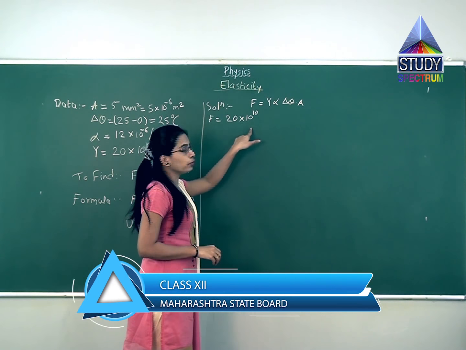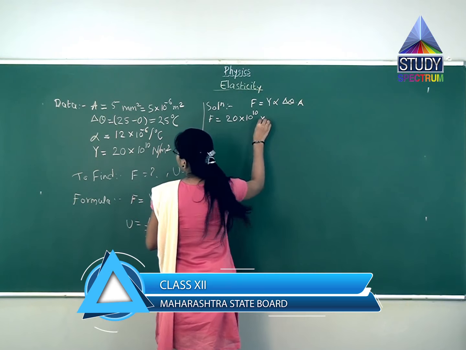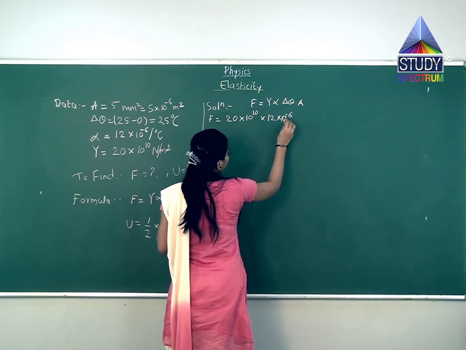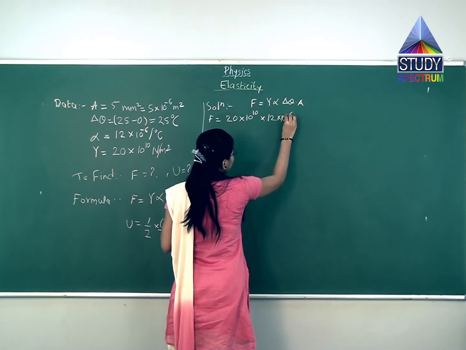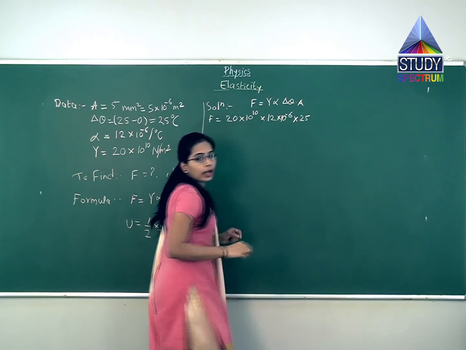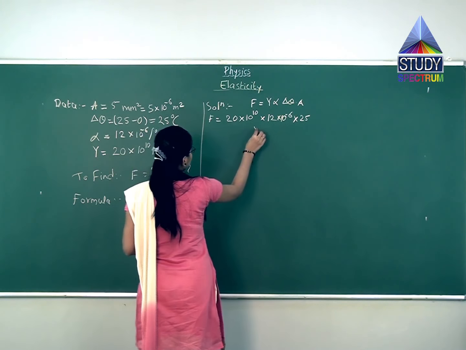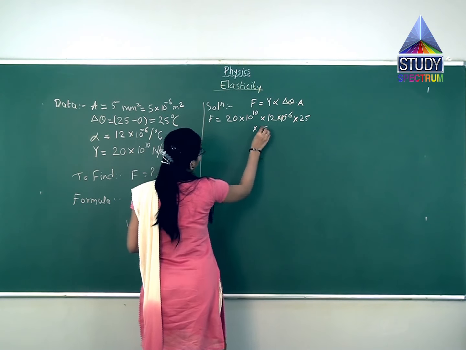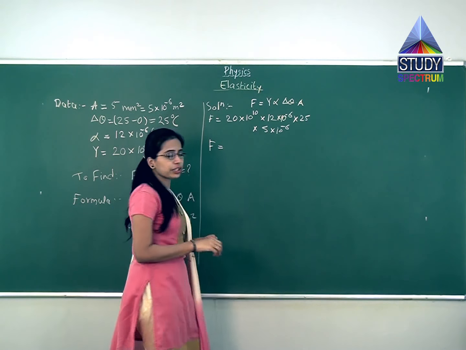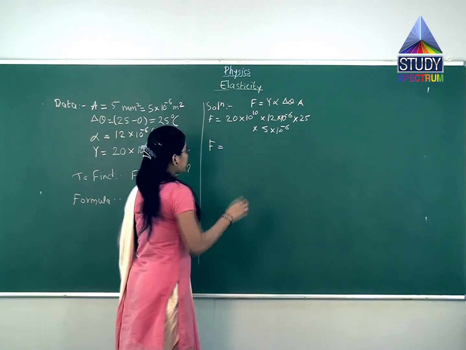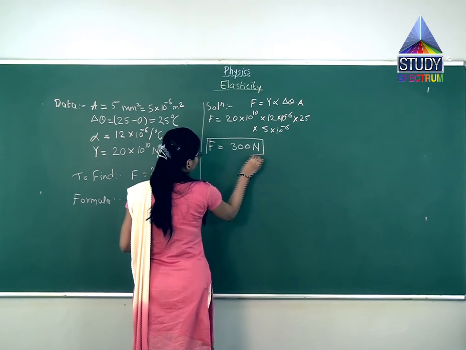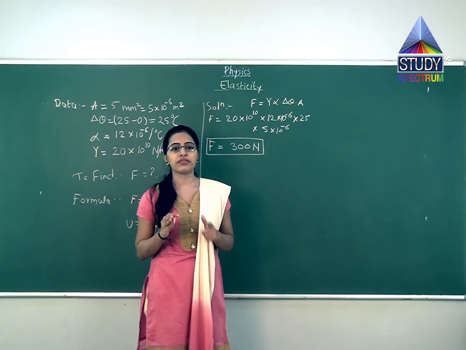So Y is 20 into 10 raised to 10, alpha is 12 into 10 raised to minus 6, delta theta is 25 and area is 5 into 10 raised to minus 6. It is just simple multiplication. So after calculating these values, you will get F is equal to 300 Newton. So this is our first answer.